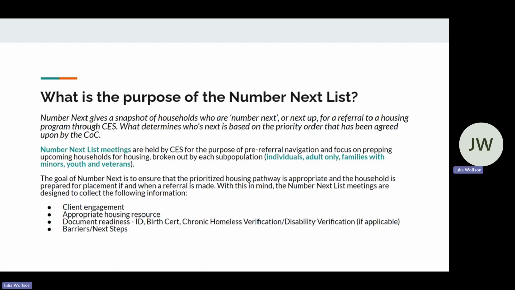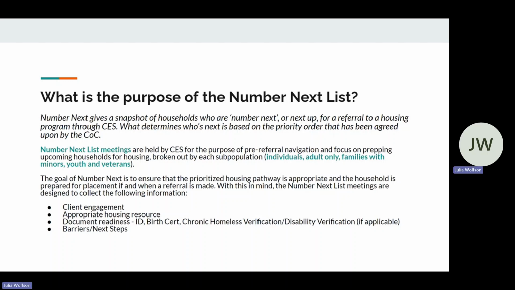Next is document readiness. CES will look in the Clarity system and verify documents such as identification documents, but we're primarily looking for chronic homeless verification and disability verification. The reason for this is chronic homeless verification is a requirement for PSH program eligibility.